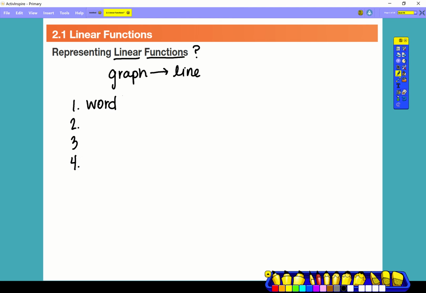We can represent a function using words. We can represent a function using function notation. We can represent a function using a table, and we can represent a function using a graph.